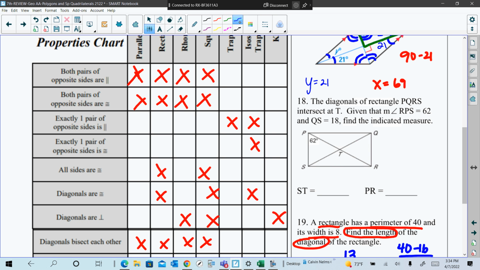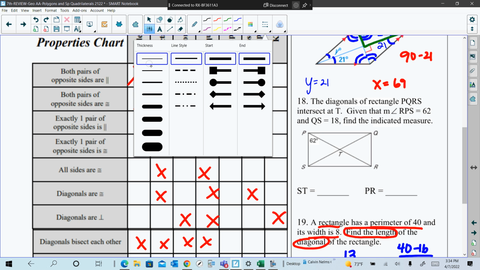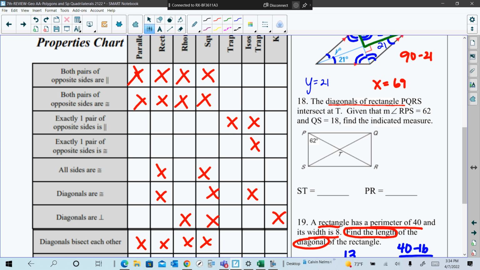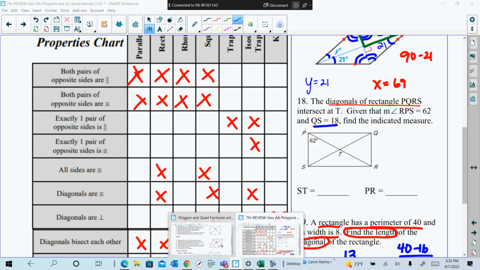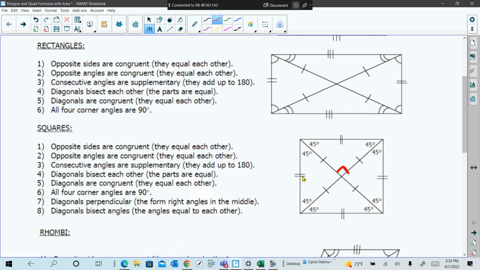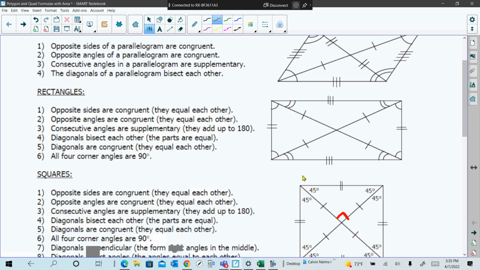Okay. So for number 18, if you need help with that, what they tell us here is that the diagonals of a rectangle are shown for the rectangle PQRS. They gave us the angle and the diagonal. It tells us that our diagonal QS here is 18. So I'm going to focus on my rectangle here and mark my diagonals that I see.